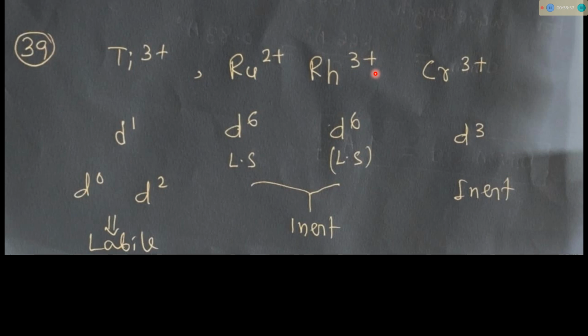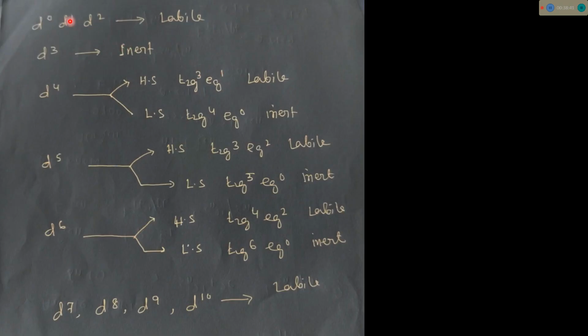So the labile one is titanium 3 plus. d0, d1, d2 are always labile, d3 inert, in d4, d5, d6 high spins are labile and low spins are inert, and d7, d8, d9, d10 are always labile.